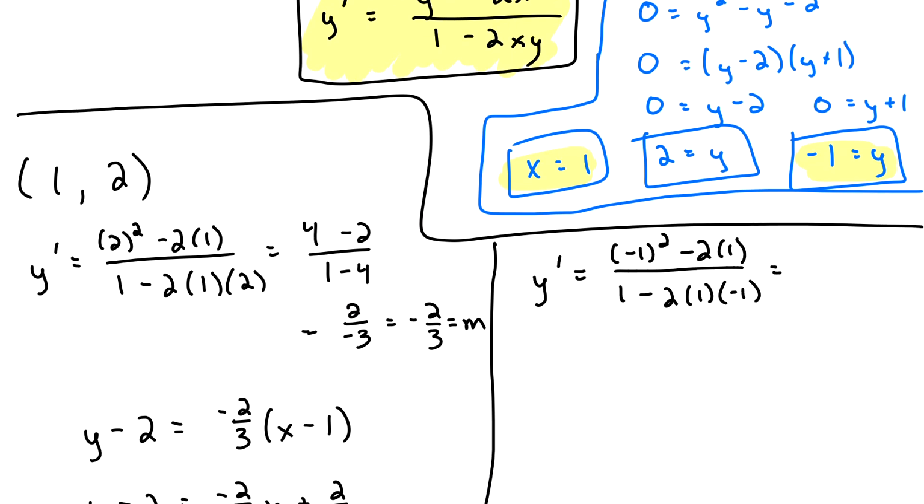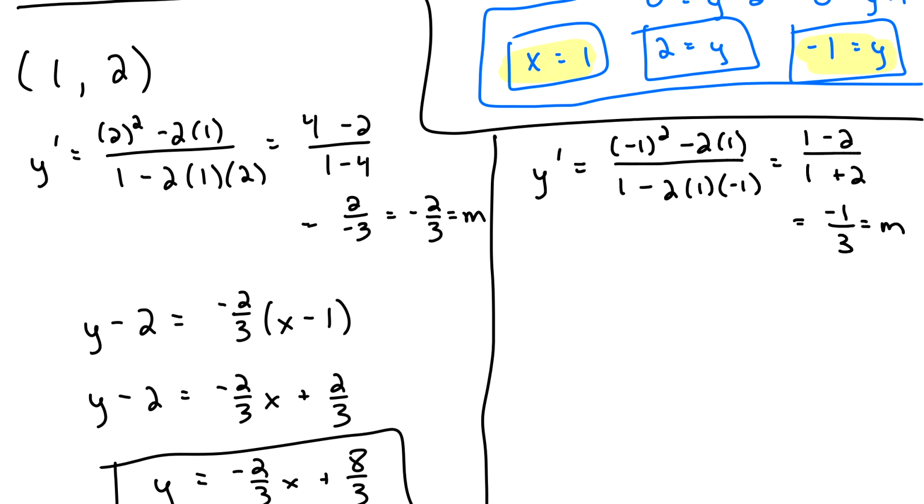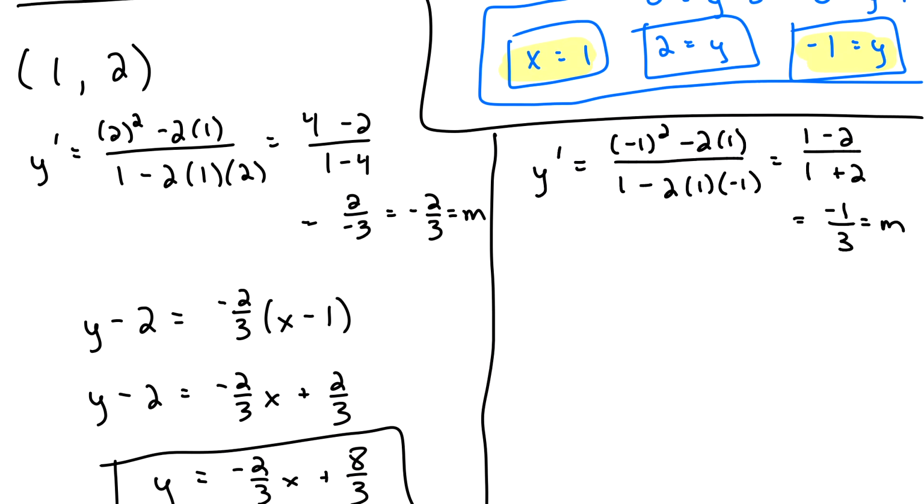So let's see, this time around I'll have 1 minus 2 all over 1 plus 2. This time around, let's see, I should have negative 1 over positive 3, or negative 1/3. That's my slope this time. And again, at this point, I've got everything I need. Just to remember, we were working with the ordered pair 1, negative 1.